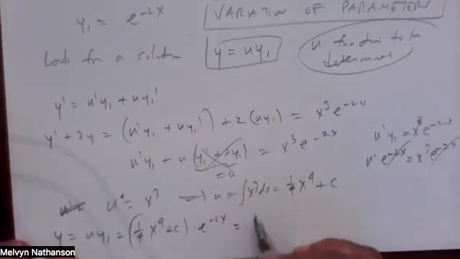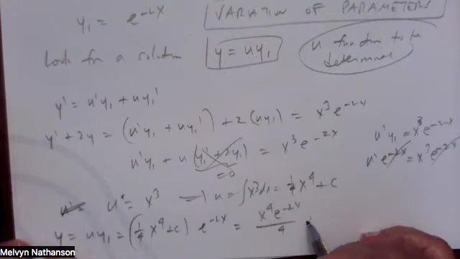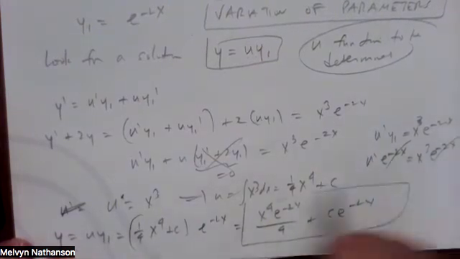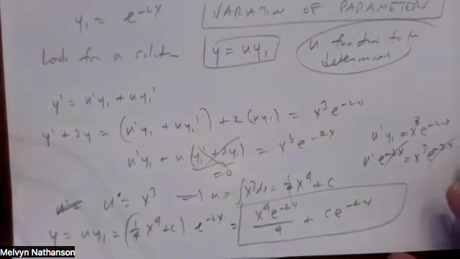Or if you like, this is x to the fourth e to the minus 2x over 4 plus c e to the minus 2x. And lo and behold, we solved the problem. This is the general solution of this non-homogeneous differential equation.